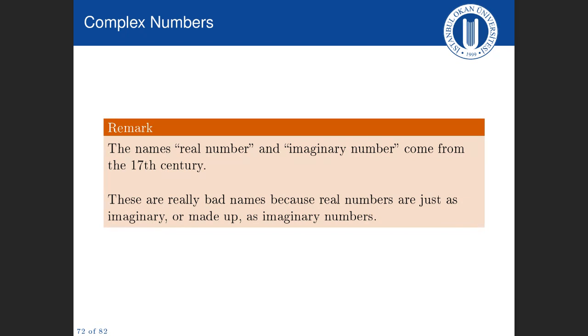But now we know that almost all of the real numbers are just as imaginary or made up as the imaginary numbers. But these are the names that we're stuck with. These are the names which have persisted for more than 300 years, and it's too late to change them to better names now.